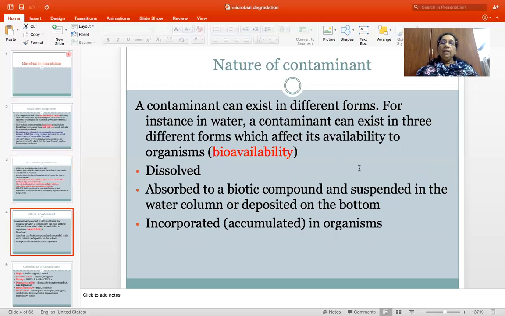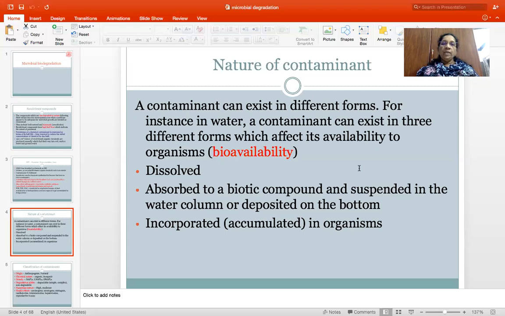For a contaminant to get biodegraded, it should have certain qualities. The contaminant can exist in different forms. For example, in water, the contaminant can exist in 3 different forms, which affects its availability to the organisms. If a contaminant is present in the environment, for it to get biodegraded, it should be bioavailable.